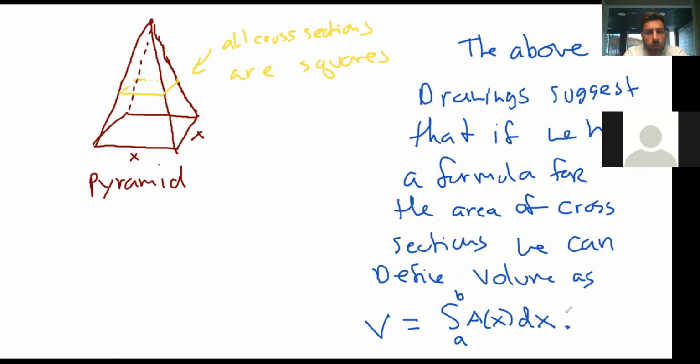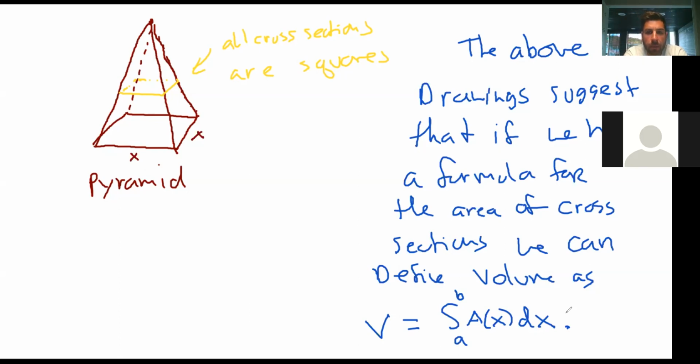So notice I'm using some careful words here. I say the above drawings suggest. I don't suspect that this is obvious to most people, and it's very rarely obvious to students in a Calculus 2 course that this integral just jumps out.